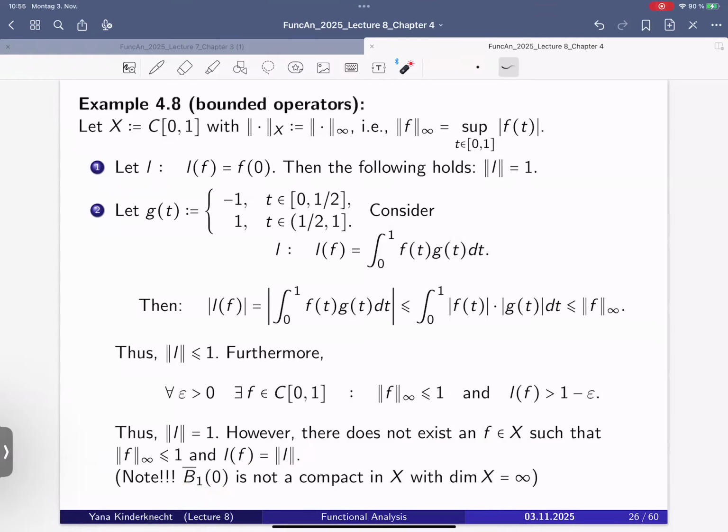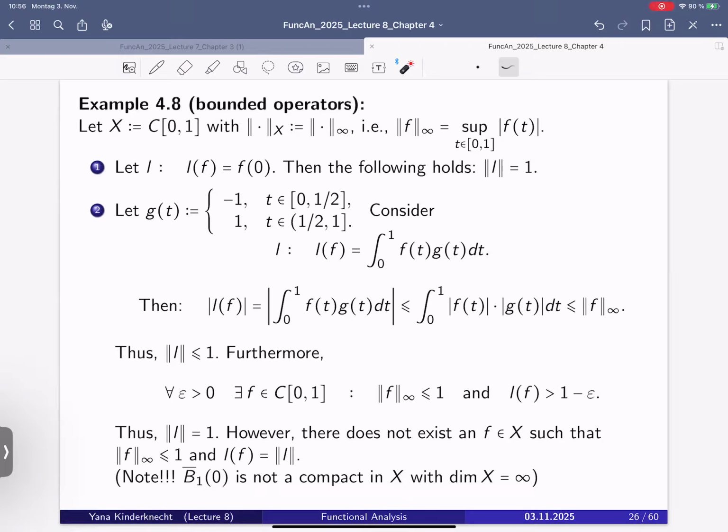But please pay attention that this is an infinite dimensional normed space. And this set, a closed unit ball, is not compact in any infinite dimensional space. And hence there is no contradiction. We know that if we have a continuous mapping over a compact set, it should attain its global maximum value.